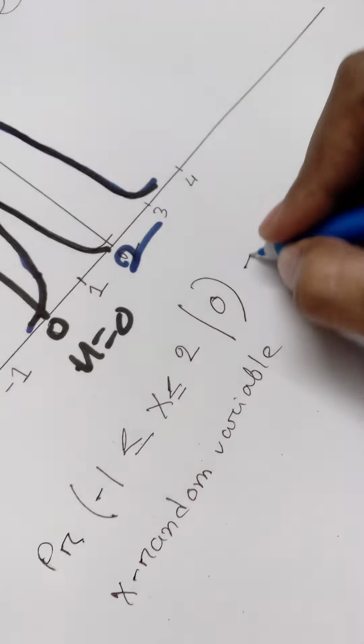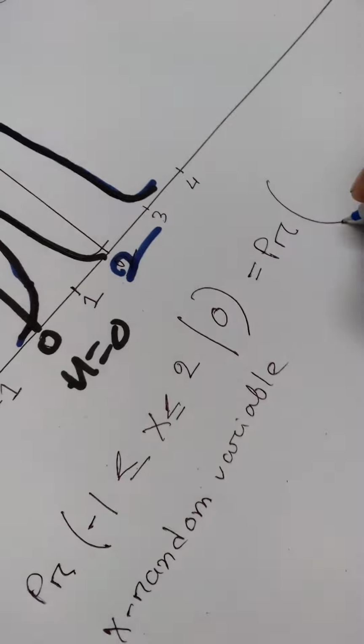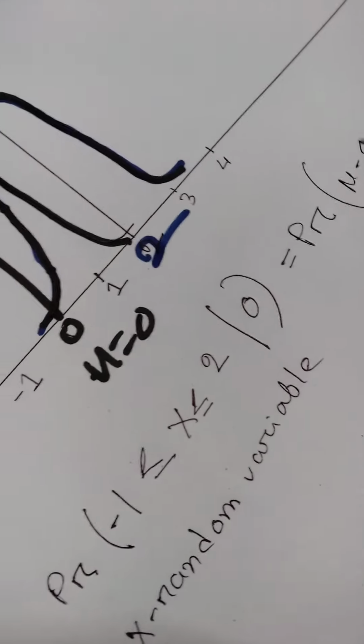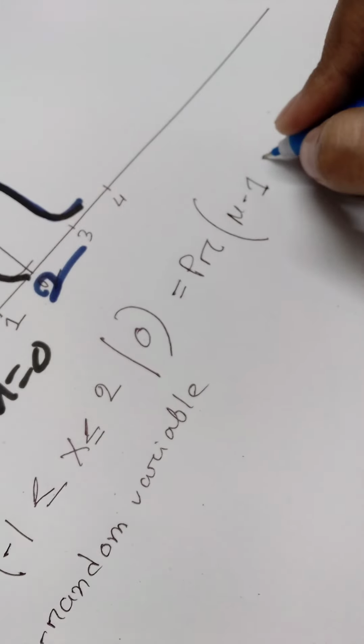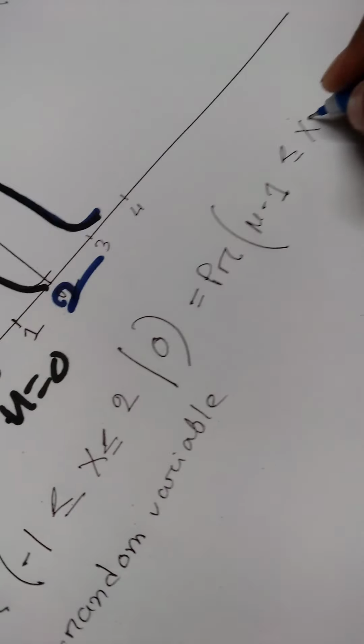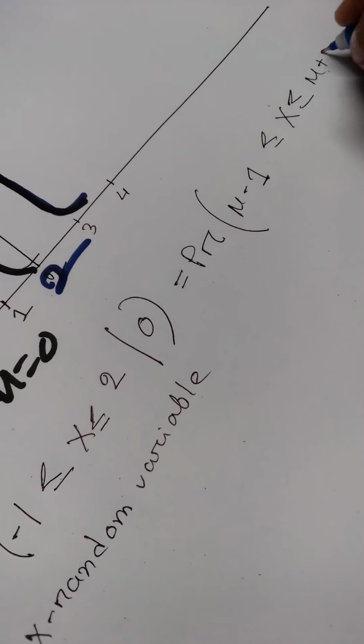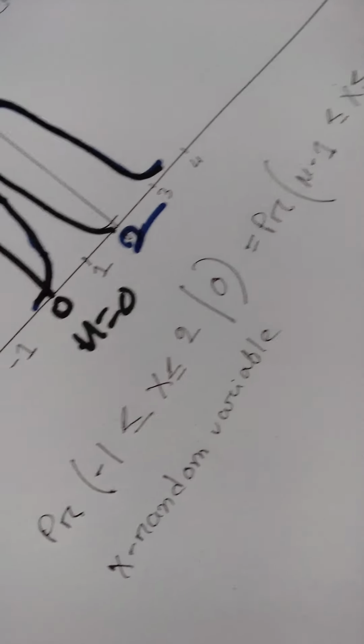And for the same thing, probability of mu -1, we can add a mu for another distribution that is not standardized.